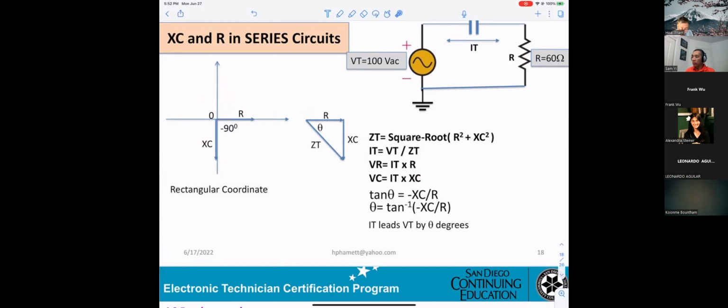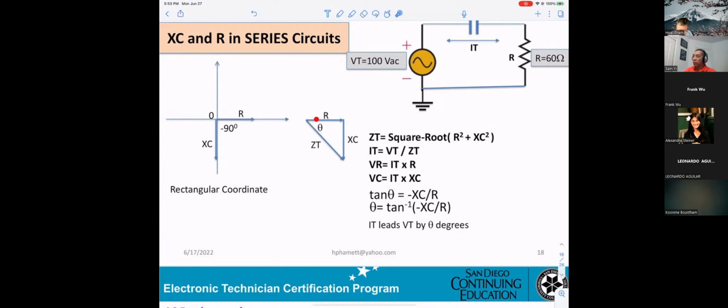So the first thing I draw is the vector for resistance here. Okay, then I have to draw XC. And we already know R is leading XC by 90. That tells you XC must be going down, minus 90 degrees. Okay, so we come up with the figure here.